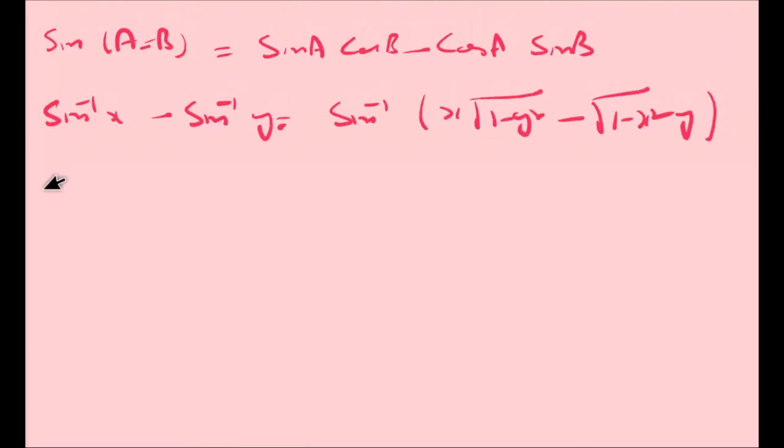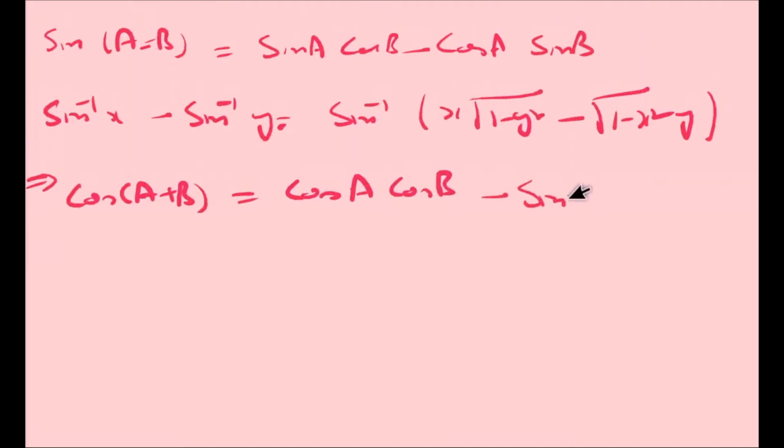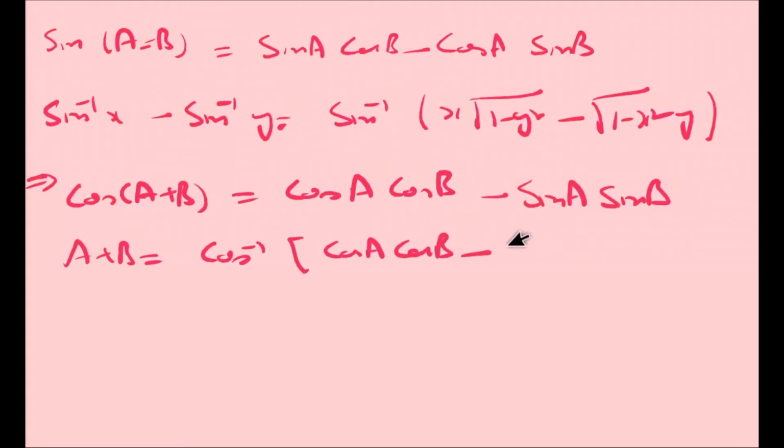Now what about the formula cos (A plus B)? We know that formula: cos A cos B minus sin A sin B. So we can say A plus B equals cos inverse of (cos A cos B minus under root 1 minus cos square A into under root 1 minus cos square B).